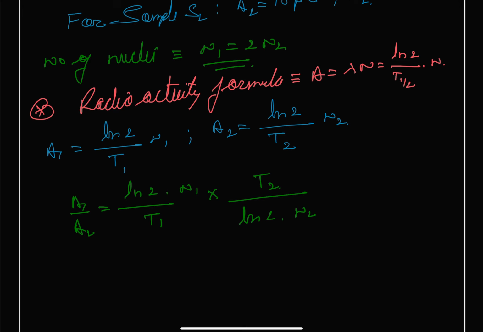Here natural log of 2 cancels out, and this gives us N1 upon N2 multiplied by T2 upon T1, and N1 is equal to twice of N2.